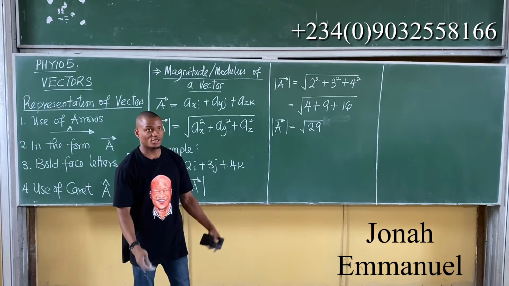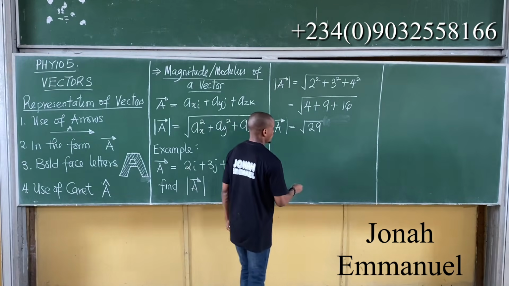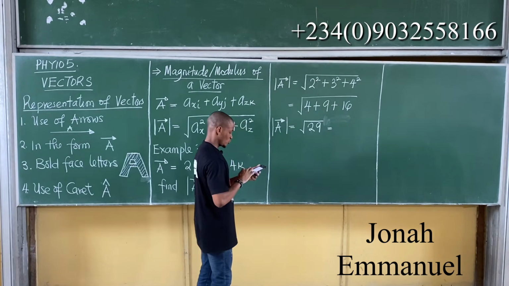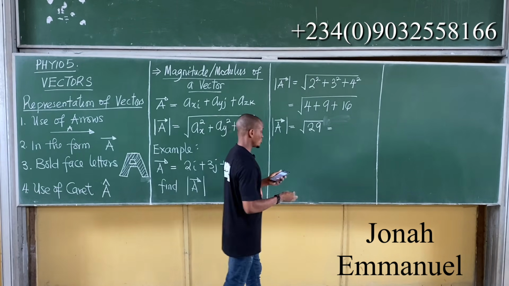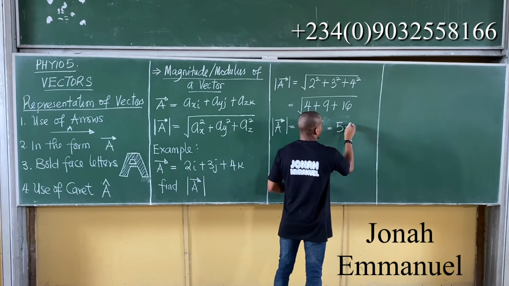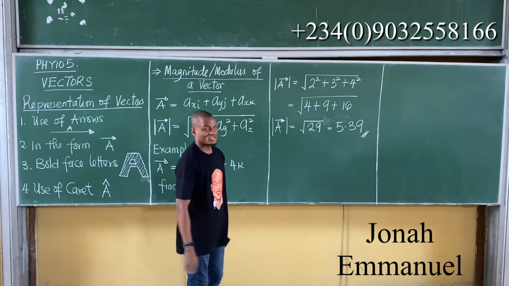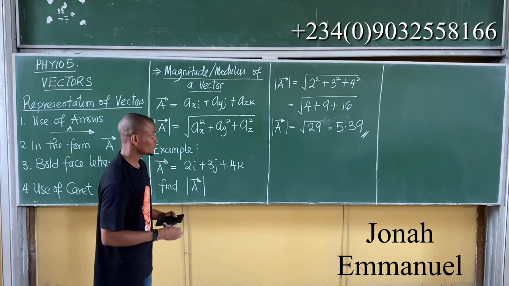If you wish, you can still give this answer in decimal form, to 2 decimal places. It's not compulsory, but just in case you want to, this is about 5.39. It's as easy as this.